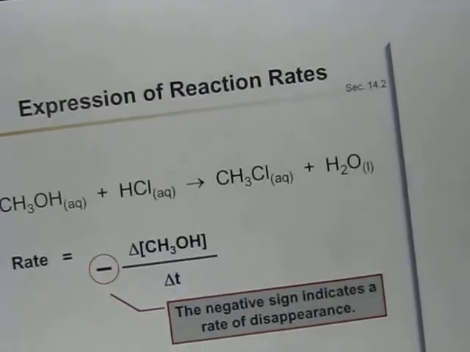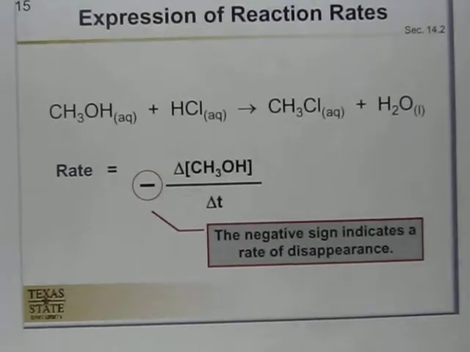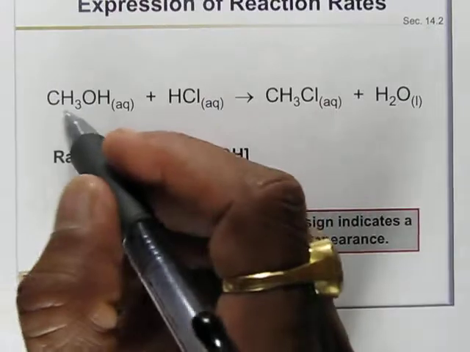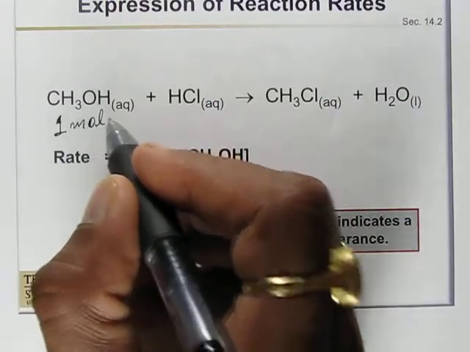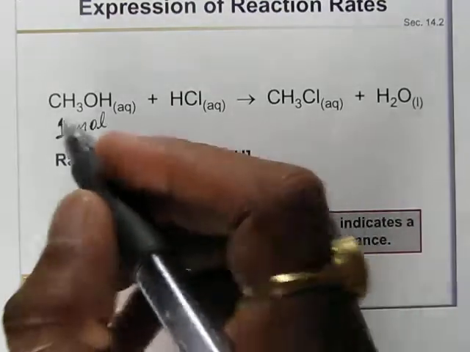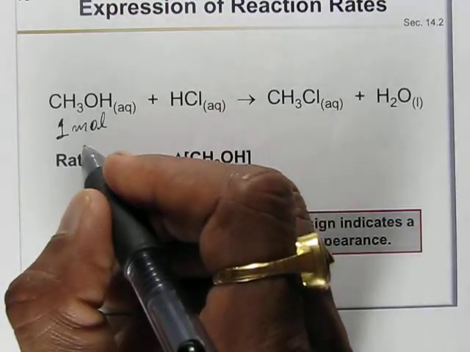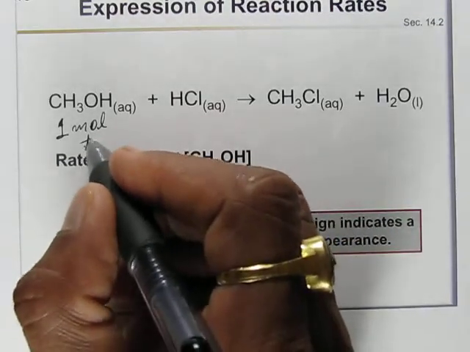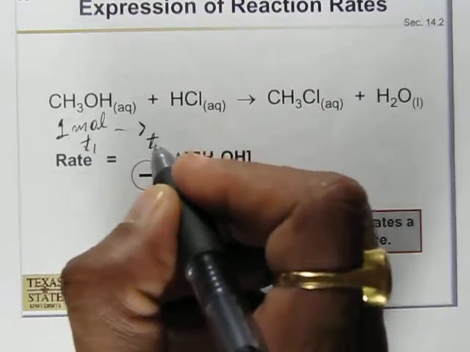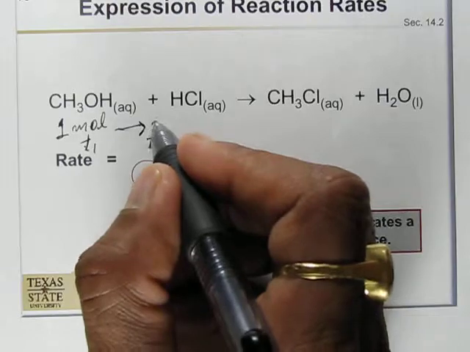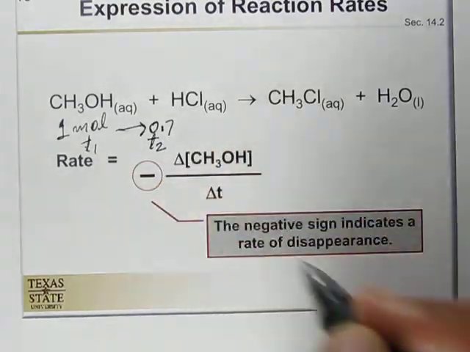about one more thing here. Suppose you have 1 mole initial concentration, at T1 time you have 1 mole concentration, and after T2 time this becomes 0.7 mole, right?